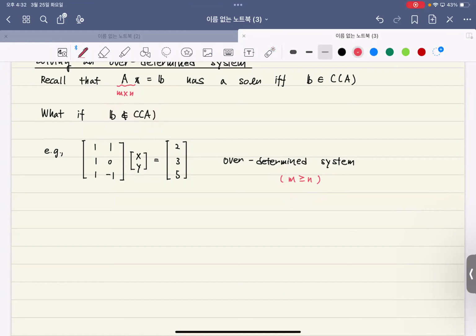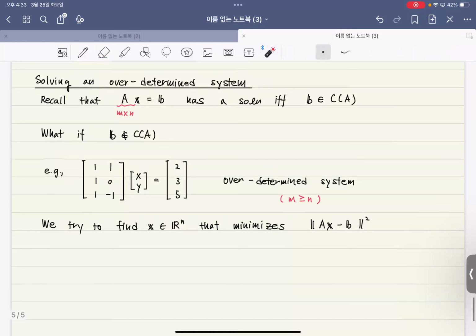Now, if b does not belong to the column space, then there is no solution. But we can still try to find an approximated solution. Technically there is no solution, however, we can still try to find an x that minimizes this number.